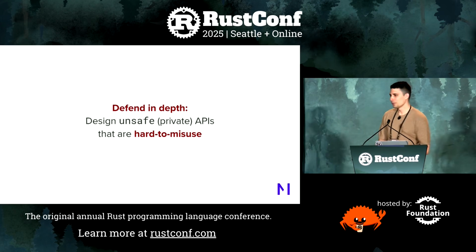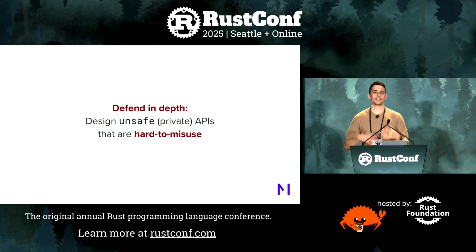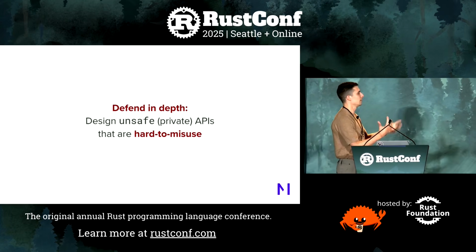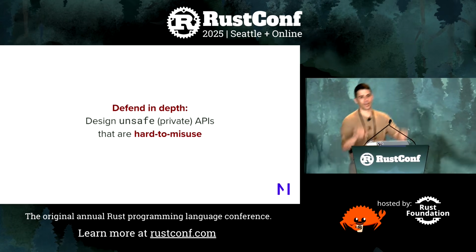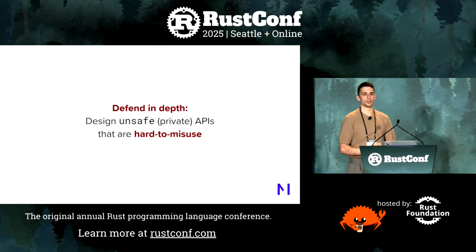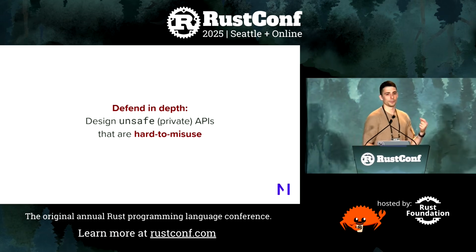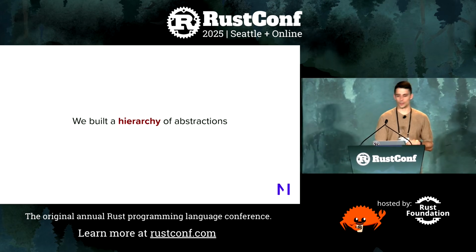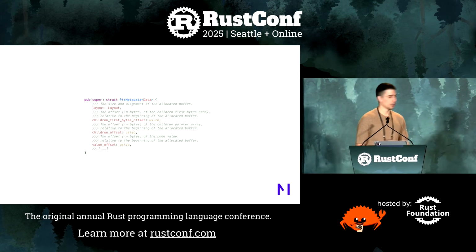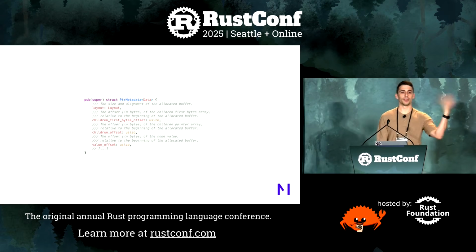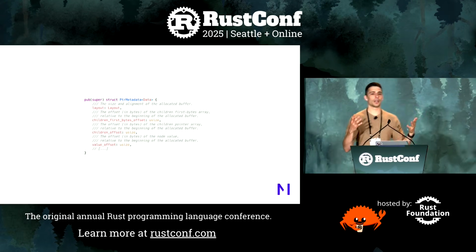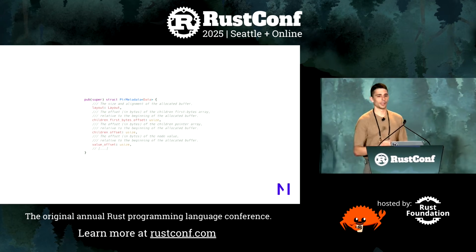So what you want to do is create APIs that make it less verbose to do these kinds of operations, which I call defend in depth. Design unsafe private APIs, because we're not exposing that to the public API, that are very hard to misuse. What that means is that you want to build a hierarchy of abstractions. You start from the lowest layer. If we look at the heap allocation that we've been discussing, the node in the TrieMap, we need to keep track of a bunch of metadata about that allocation.